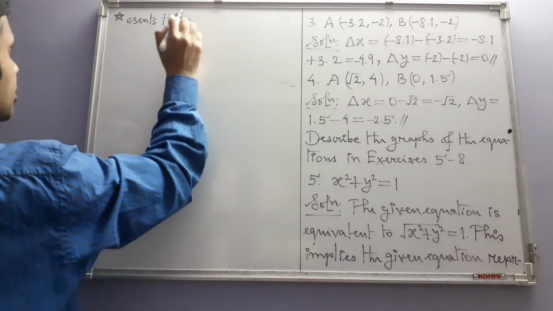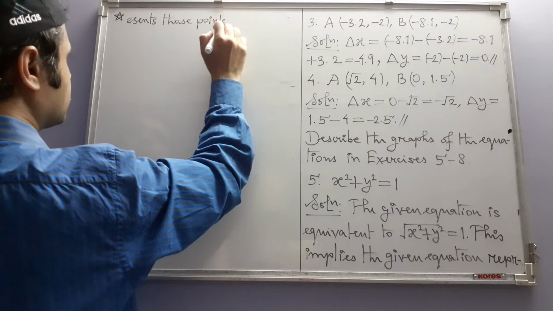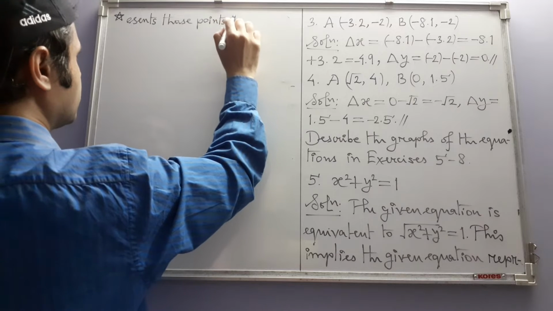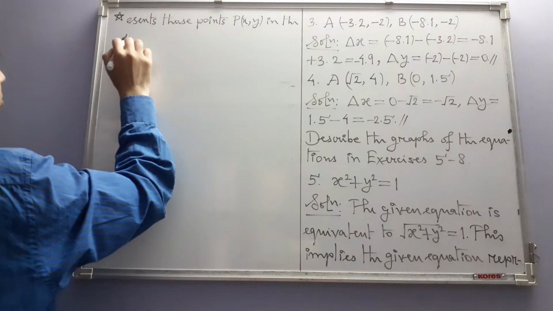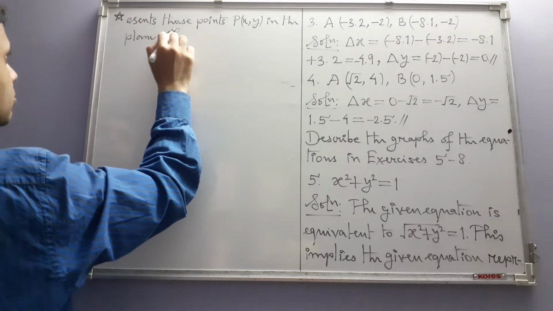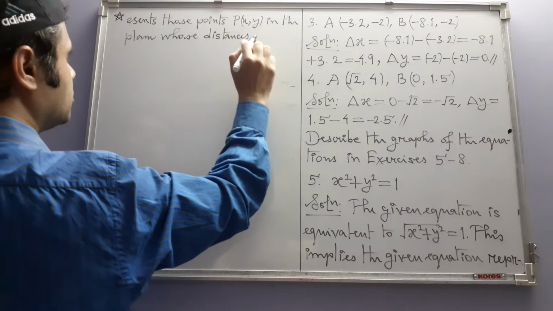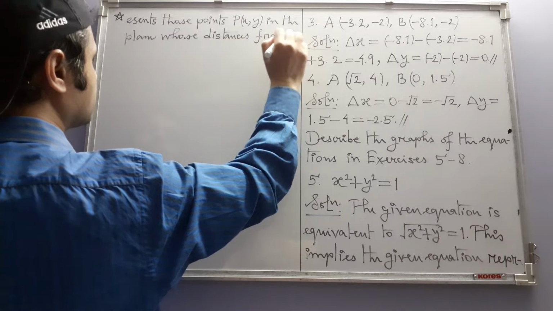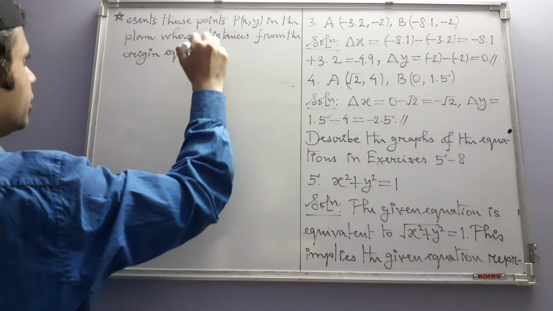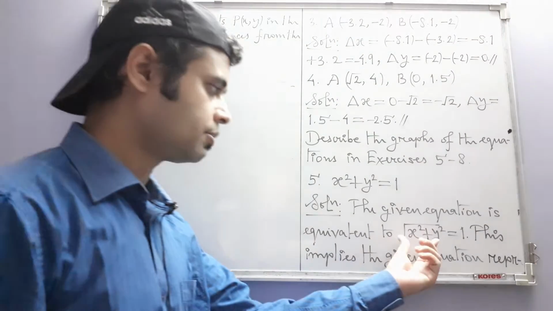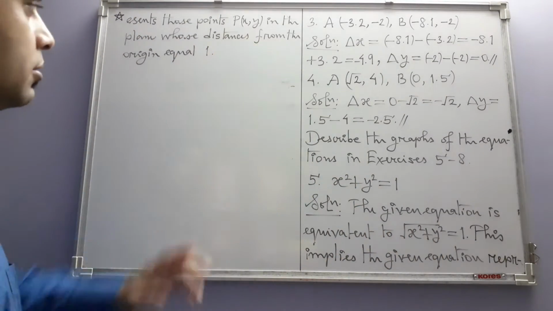Or we can more informally write, instead of writing set of points, it represents those points (x, y) in the plane whose distance from the origin equals 1, because we already know that this expression, square root of x square plus y square, is the distance of this point from the origin.